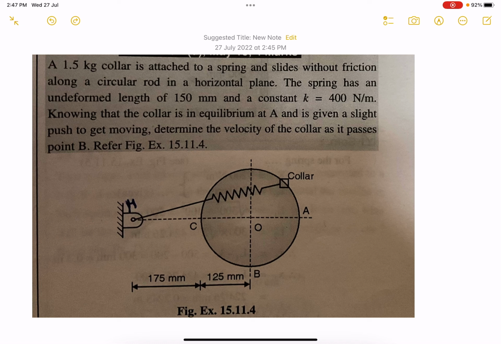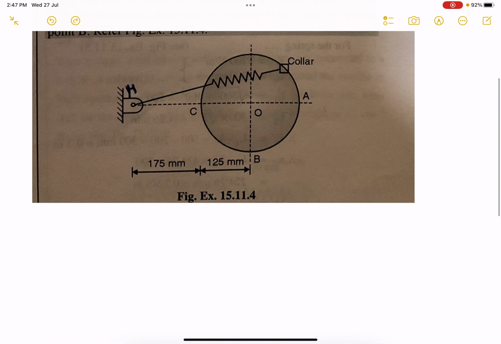We might want to strike out certain energy terms, but let's start with the general expression.